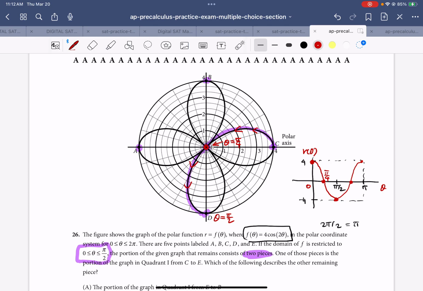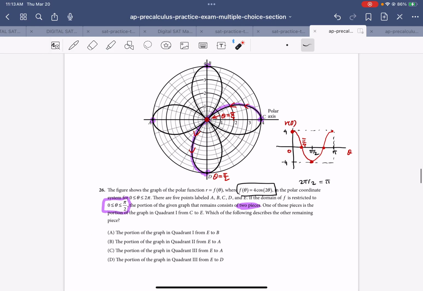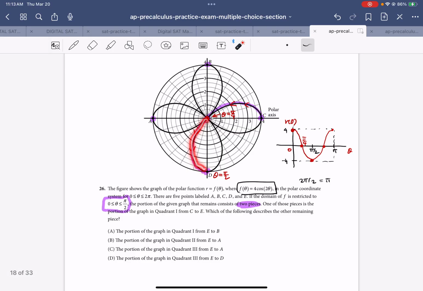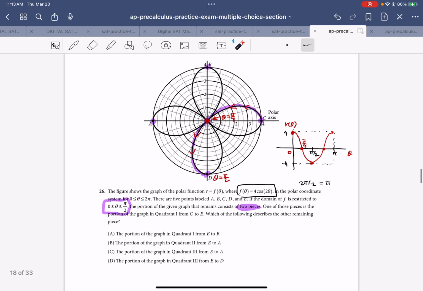So that also matches. Your r is getting smaller. What I mean by smaller is that the value itself is bigger, but bigger on the negative side. As you see, this one is bigger on the negative side here, and then it goes up here. Okay, so now they talk about the other piece of this one here. Let's see which one matches.